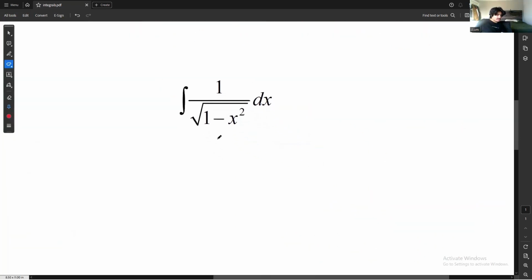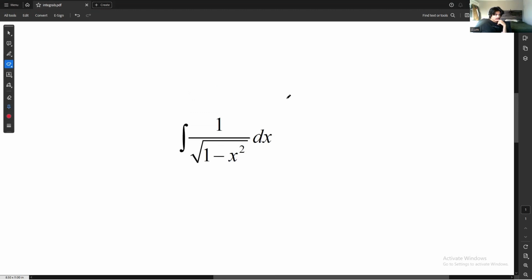Question number 5, guys. Integral 1 over radical 1 minus x squared. Some of you might try to solve this integral, but actually, it's the arc-sin function, because if we take the derivative of the arc-sin function, we're going to end up with 1 over the square root of 1 minus x squared.